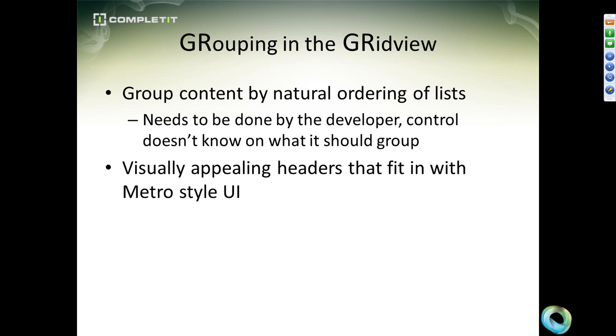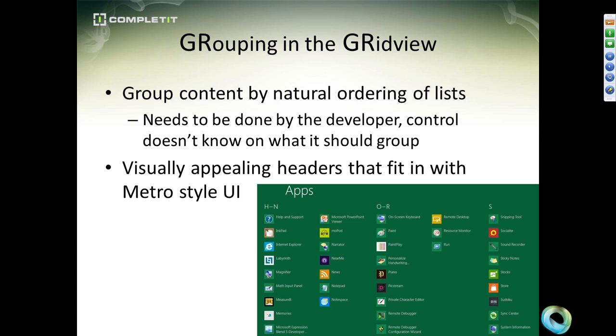So then you're basically binding to a list of lists. And the grid view will pick that up based on the templates that you specify. We're going to see those in the demo. And it will actually create an appealing grouping scenario for you, allowing the user to find his or her data much quicker. That is also what is done by default by the applications list in the start screen.